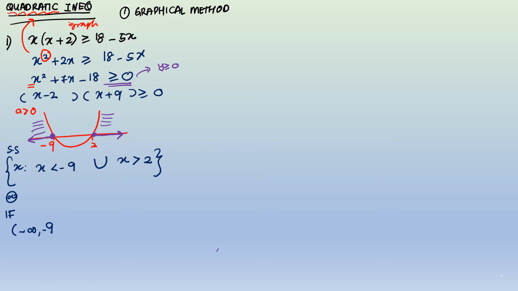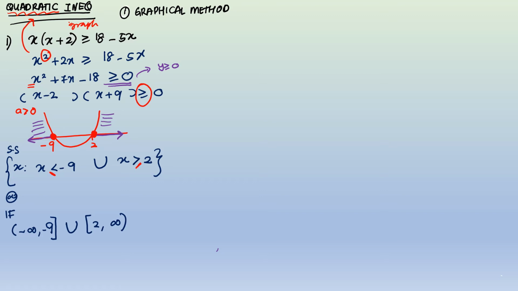Alright guys, what did I forget to write here? You can see here, this is the double symbol, greater or equal, so your answer should be closed as well, with a closed circle. So our final answer in interval form will be negative infinity to -9 in square brackets, union 2 to infinity in square brackets.